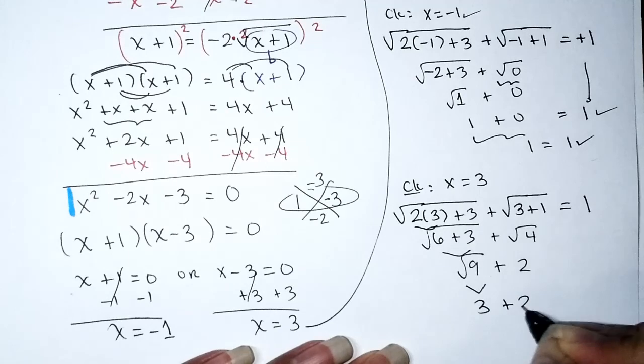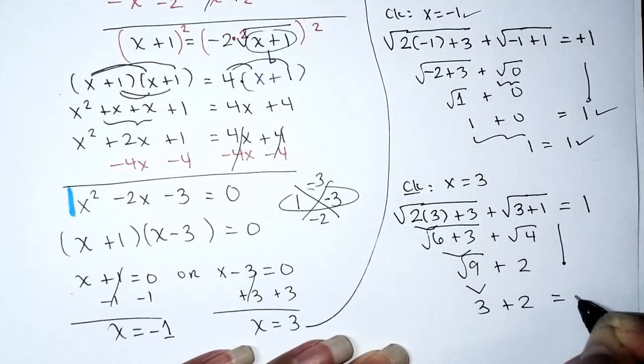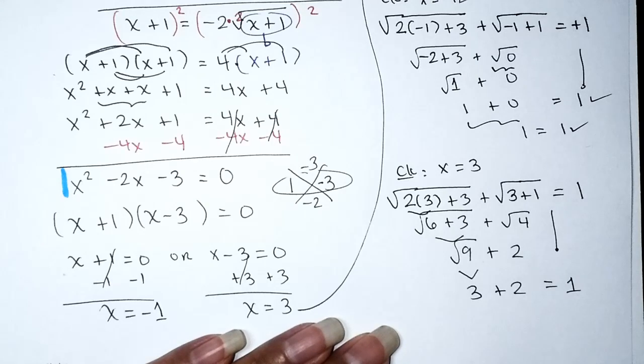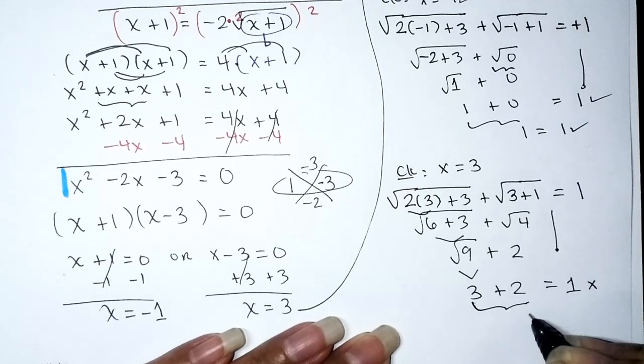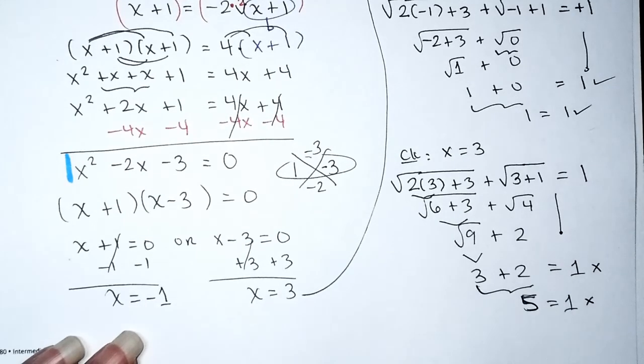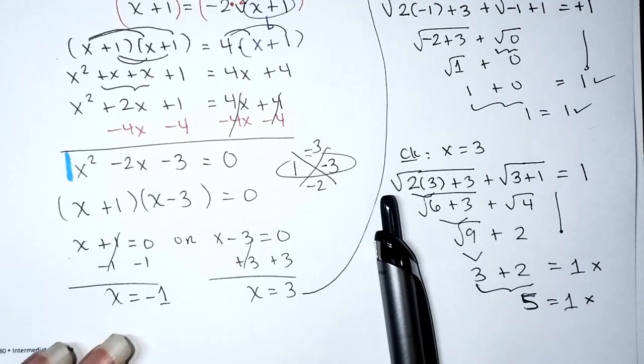And the question of the hour: is the sum of 3 and 2 equal to 1? Who speaks like that? Is 3 plus 2 equal to 1? And the answer is no. If you wanted to finish it off, then go for it. So the question that I'm going to ask myself is this: does 5 equal 1? It does not.